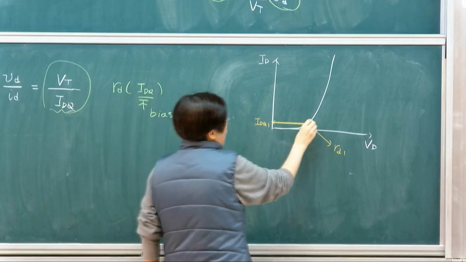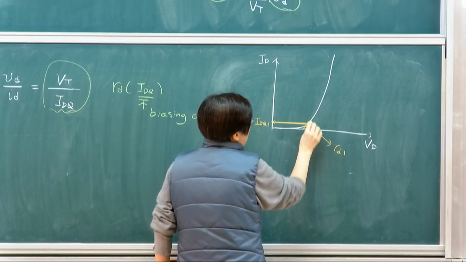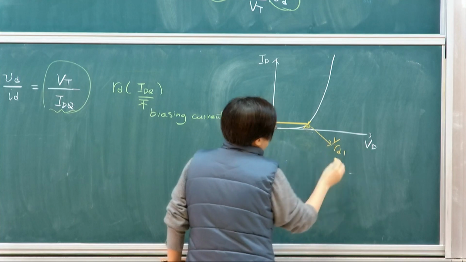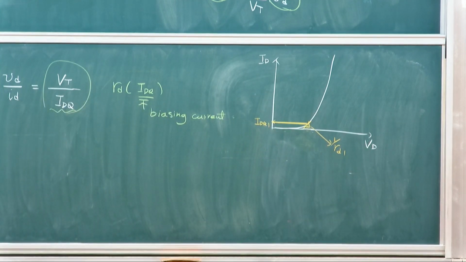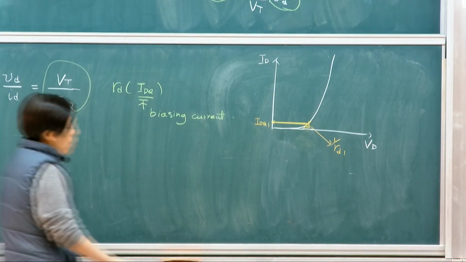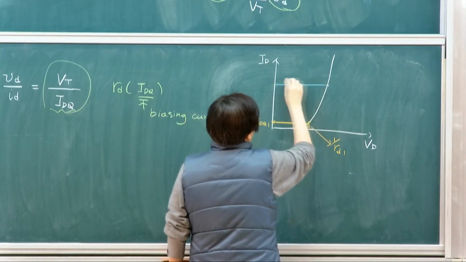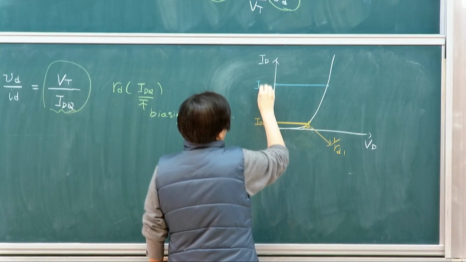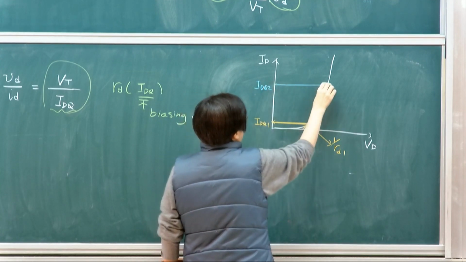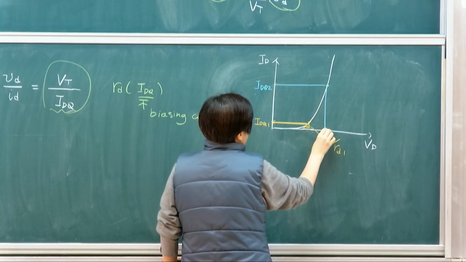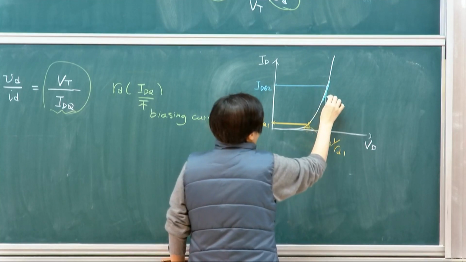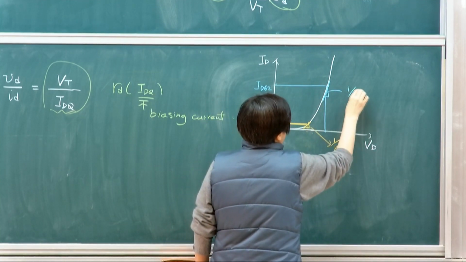The inverse of the slope, 1 over the slope, is 1 over RD, right? So if I'm standing here, at IDQ2, the inverse of the slope is 1 over RD2.